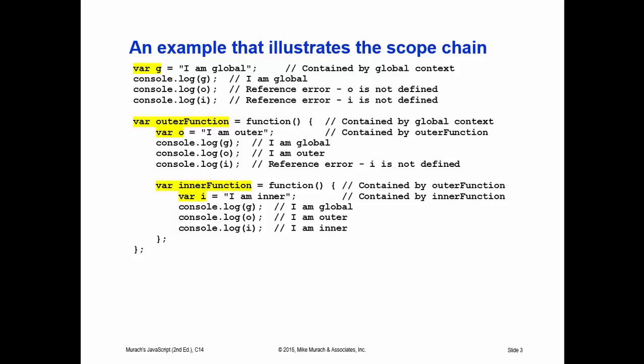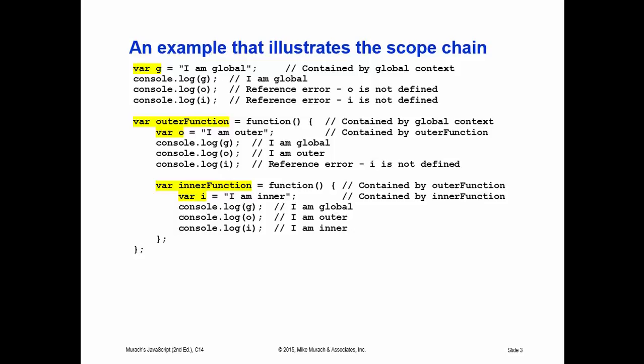The code can't move down the scope chain and see other variables in either of the functions. When you're in local scope, meaning inside of the outer function or the inner function, the variables g and o are going to be visible. So the code can see its own scope, and it can move up the scope chain to see global scope.